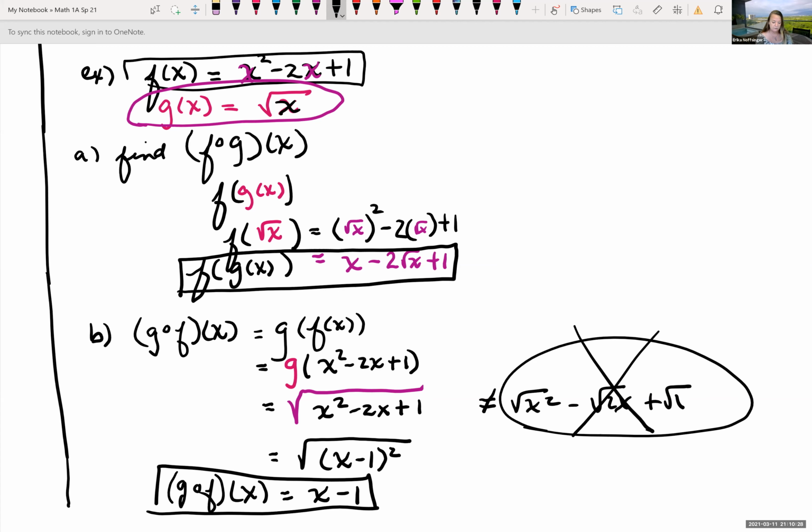So let's say f of g of x. That would give us back our original function h of x.